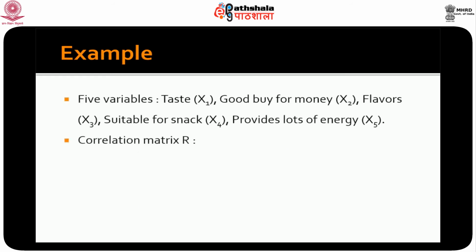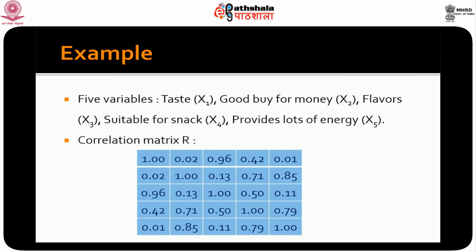Now let us look at an example. This example is from a consumer preference study where customers were asked to rate several attributes of a product. The responses were on a 7-point scale, and the attributes give this correlation matrix. So we have the attributes as taste, good buy for money, flavor, suitable for snack, and provides lots of energy.